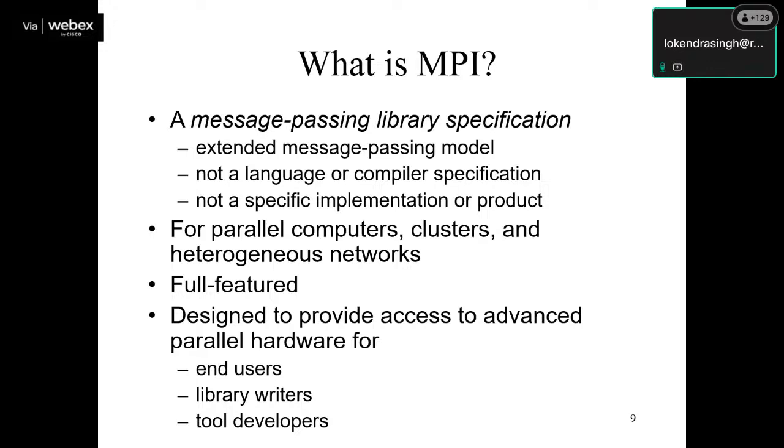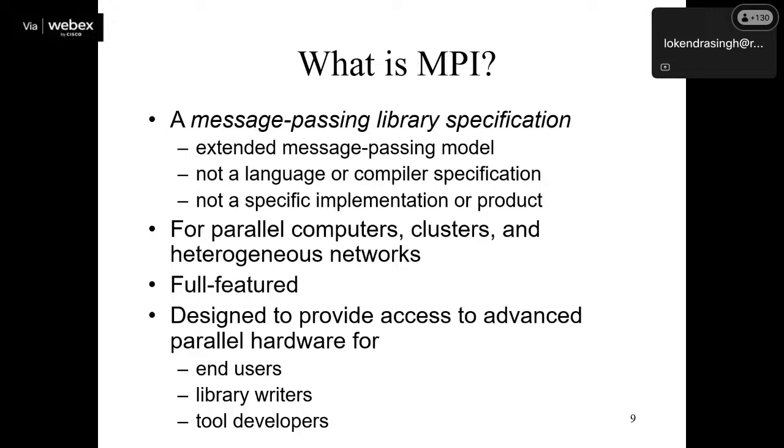So once again, we are discussing the basic definitions of MPI. A message passing library specification, extended message passing model, not a language or compiler specification. We already discussed it is not a language, not a compiler, not a specific implementation or a product. It is nothing like that. It is simply an API, application programming interface, for parallel computers, clusters, and heterogeneous networks.